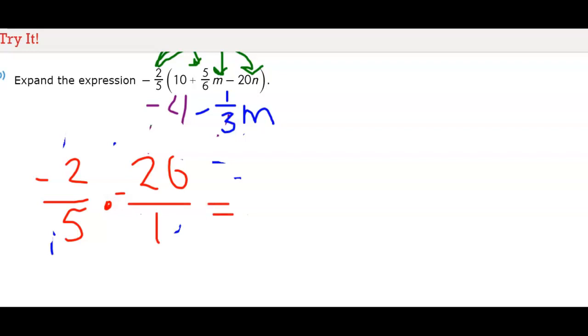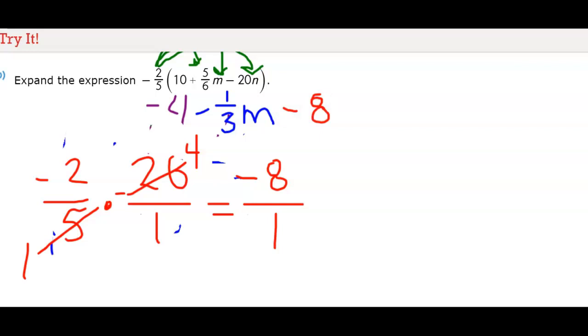Then we're going to simplify first. So the greatest common factor of 5 and 20 is 5. 5 divided by 5 is 1. 20 divided by 5 is 4. And then we multiply straight across. That's going to be negative 2 times negative 4 is 8, and 1, which is going to give us 8n.